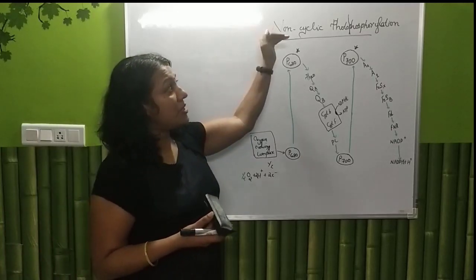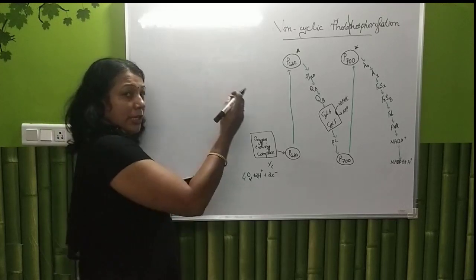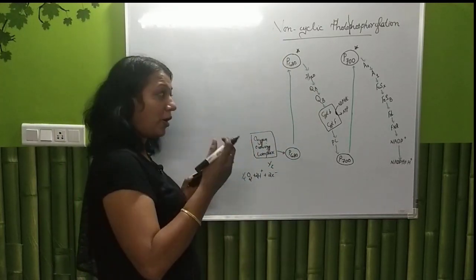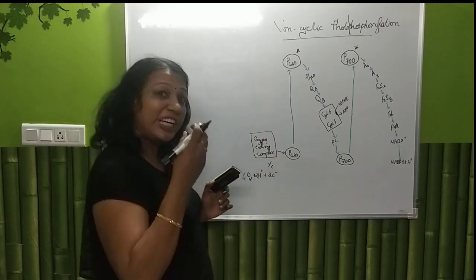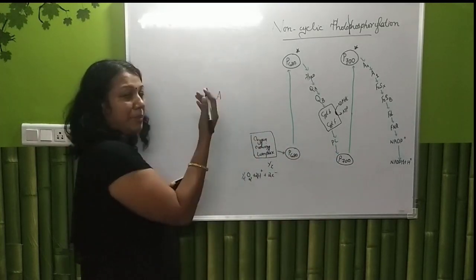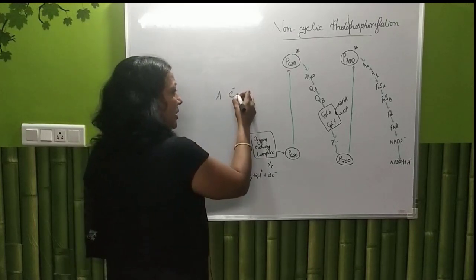Now why is it called non-cyclic photophosphorylation then? Because this method of ATP formation occurs by the moving of electrons in an electron transport chain. There is a primary source from where the electrons are emitted.